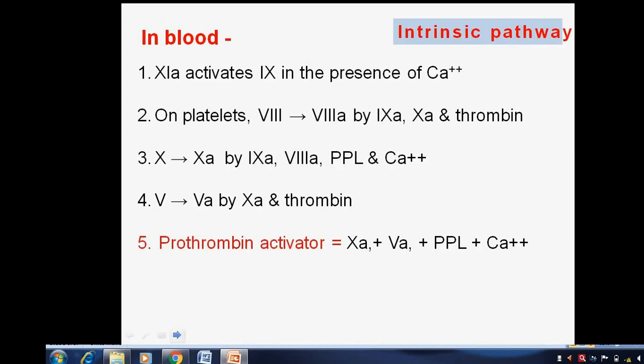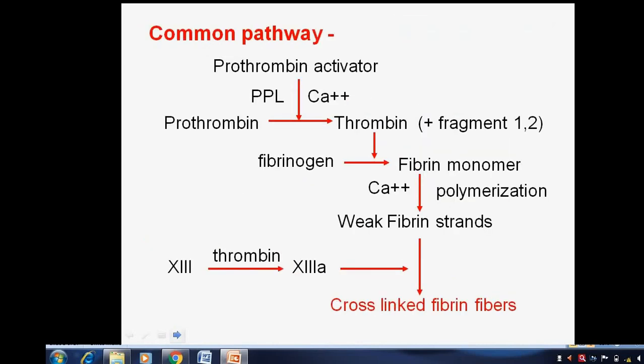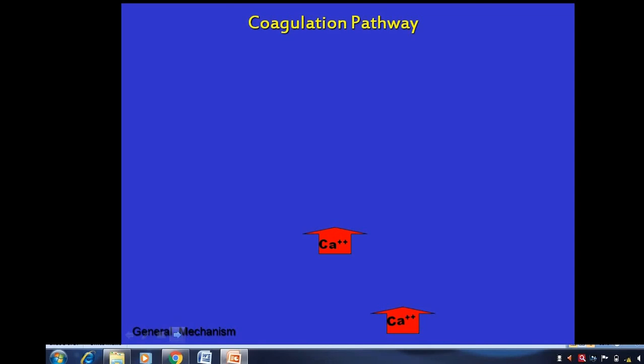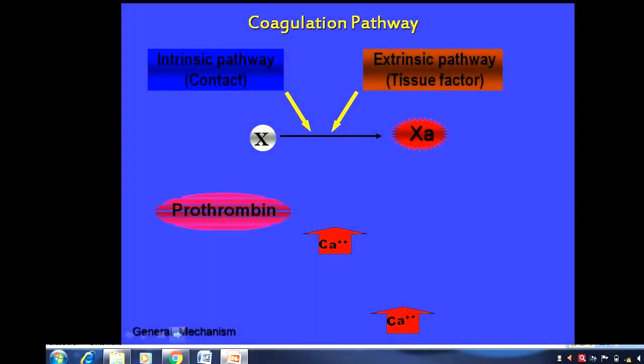Then the third one is the common pathway, in which thrombin is formed from prothrombin, and cross-linked fibrin fibers are formed. This is the coagulation pathway showing all these steps: the intrinsic pathway, extrinsic pathway and common pathway.